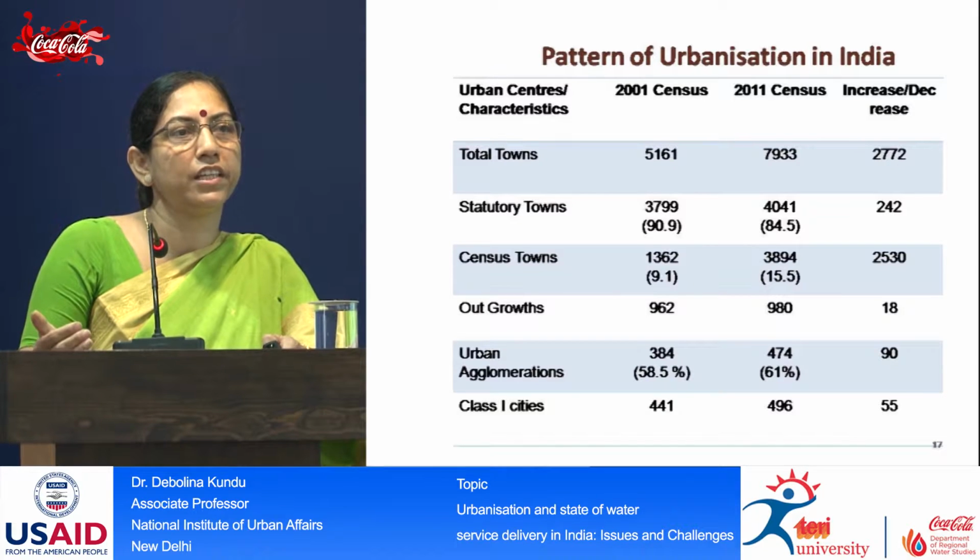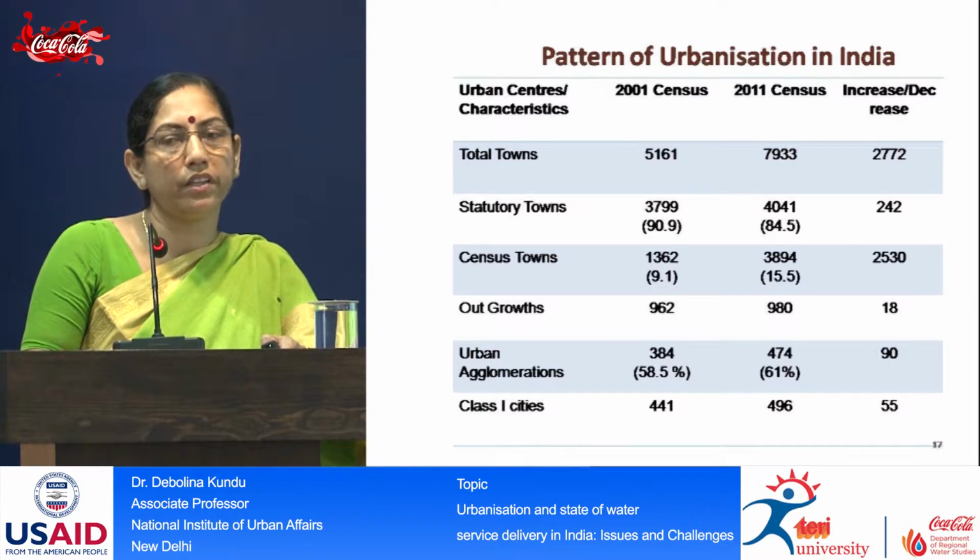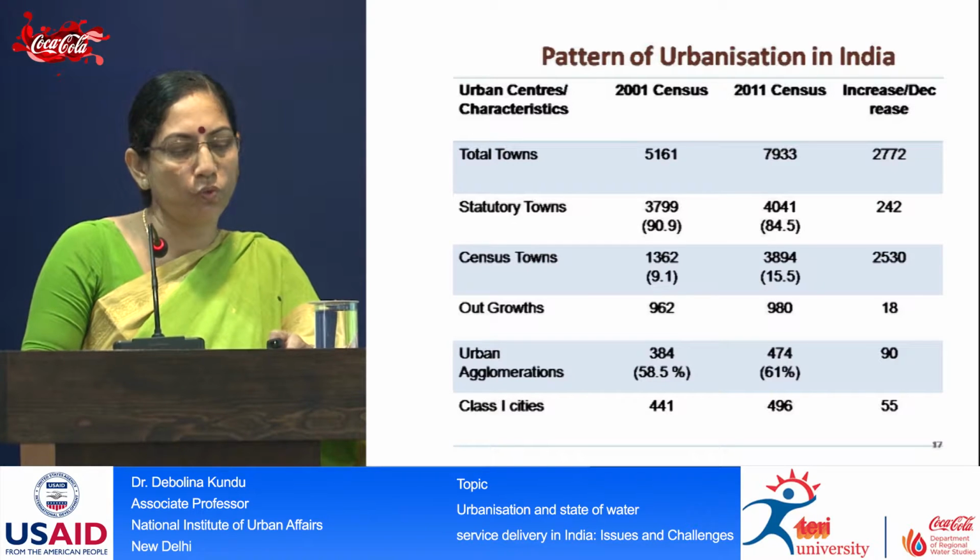If you look at the NSSO migration tables, the latest 2007-8, we find it is the educated and the literate who are really finding a foothold in the urban areas, but the poor people do come and get absorbed in various informal activities. The males, at times, are able to stay back, but the females are not absorbed in the urban economy, and their condition of living is really poor, and their access to water is limited.